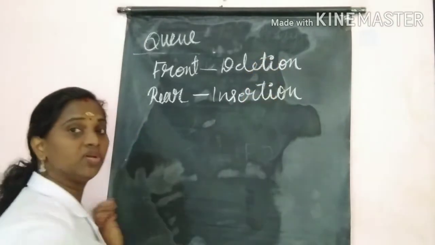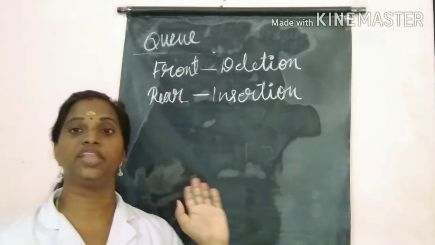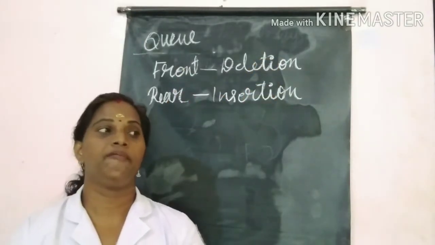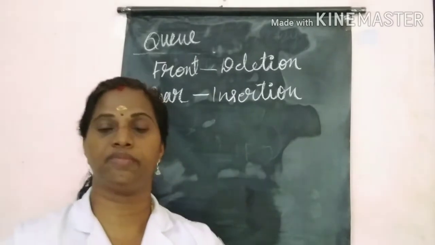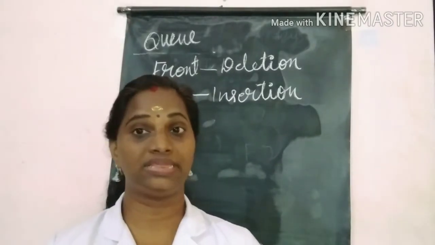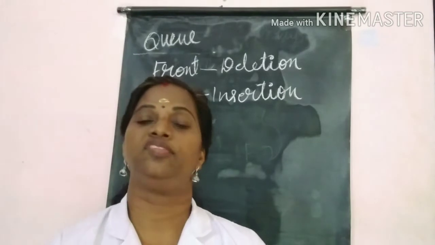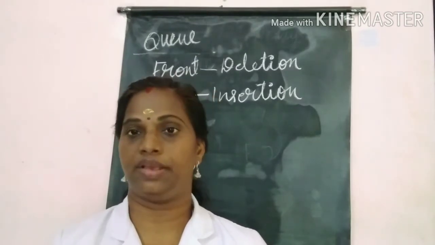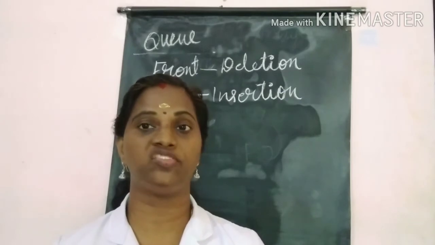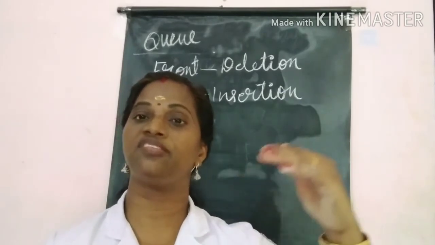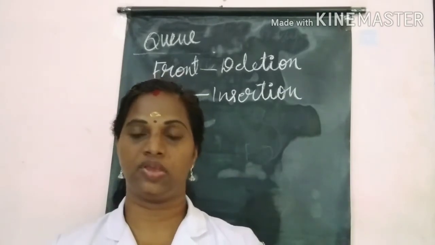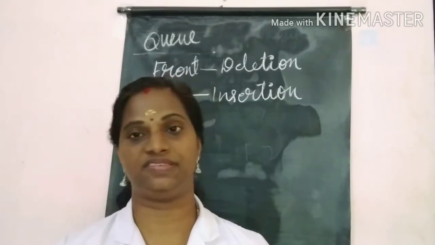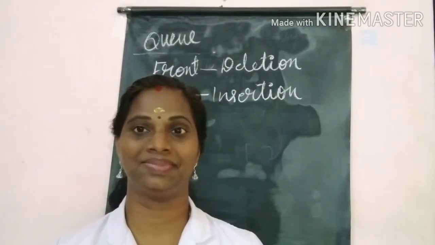So a queue is just like a normal queue. When you go to watch a film in a theater, the last one joins at the back side. Newcomers join at the back side. The person standing first can buy the ticket first. Clear?